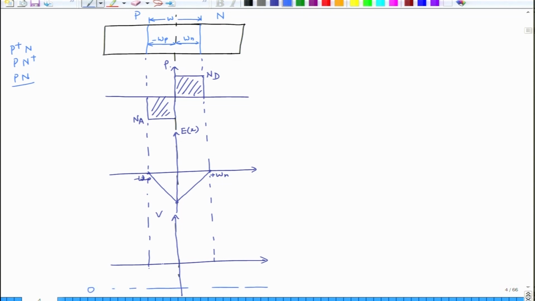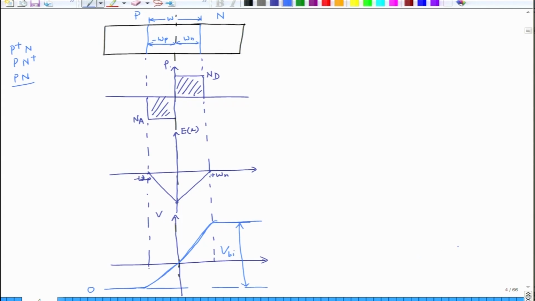It achieves a value VBI in this region. It has a 0 value here, goes through a change like this, and this value is VBI.